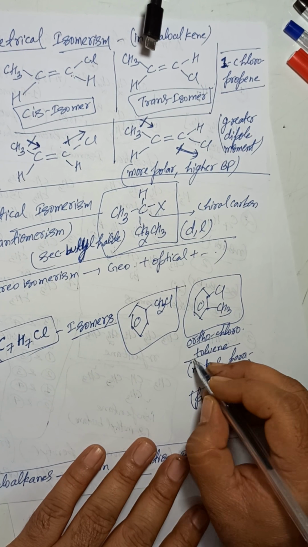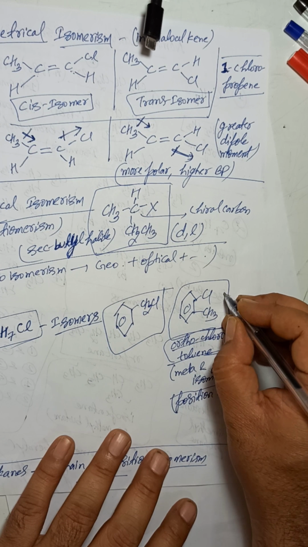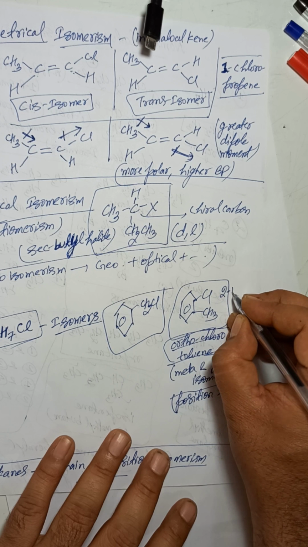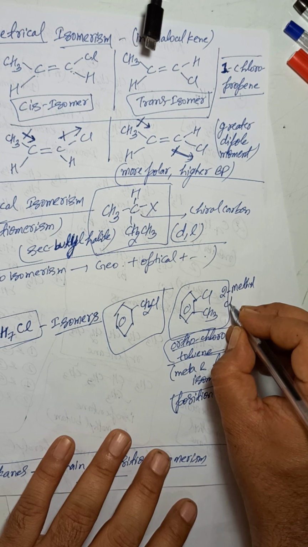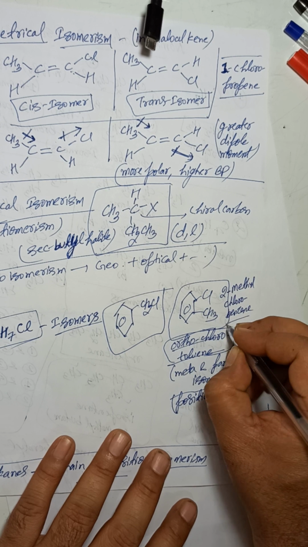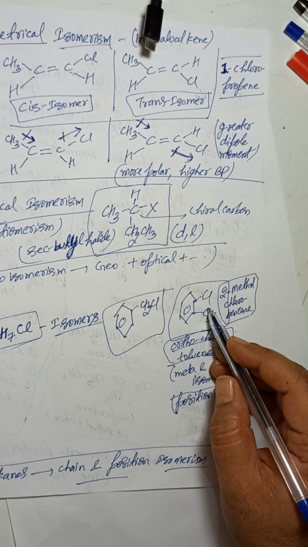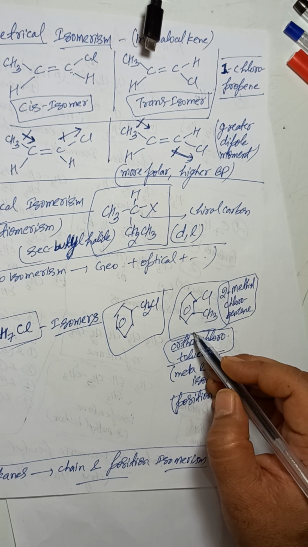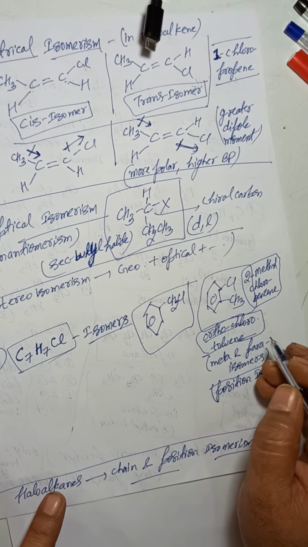Like this is orthochlorotoluene. We can also say this is position 1, this is position 2, so 2-methylchlorobenzene. Out of these two, Cl is at higher priority, so this is position 2, 2-methylchlorobenzene, or just orthochlorotoluene.